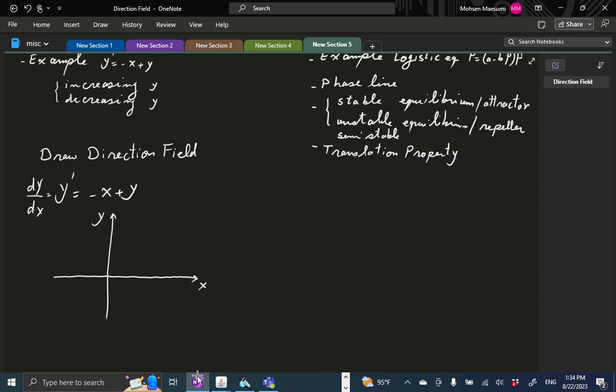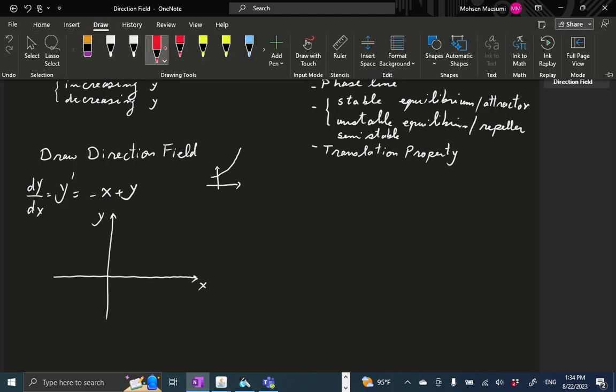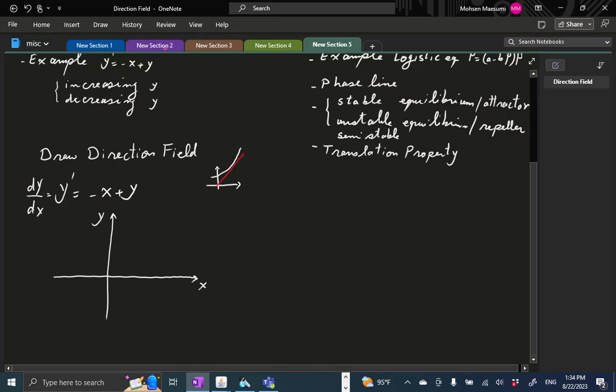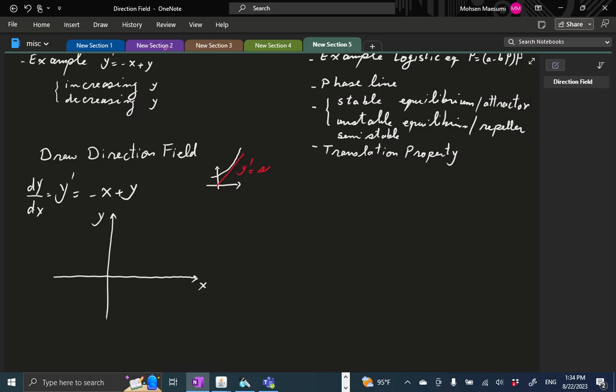You remember from calculus that if you have y as a function of x, some sort of a curve like that, then y prime represents the slope of the tangent line. So when we write a differential equation, we are specifying the slope of a tangent line to a certain function. It's just that we don't know what the function is. The holy grail of this whole thing is to figure out what the function was that gave that particular slope.